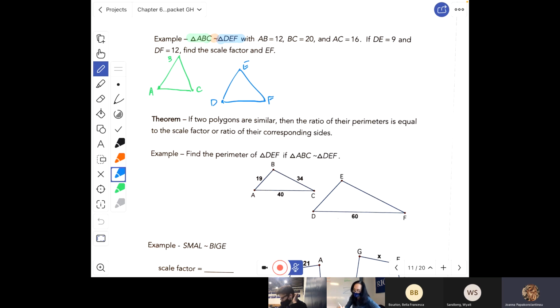Now, I know that AB is 12. So AB is 12. I know BC is 20.